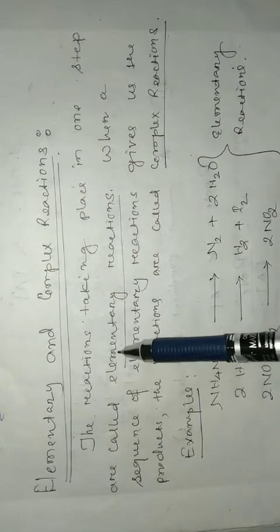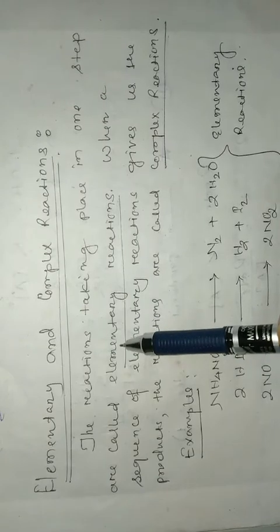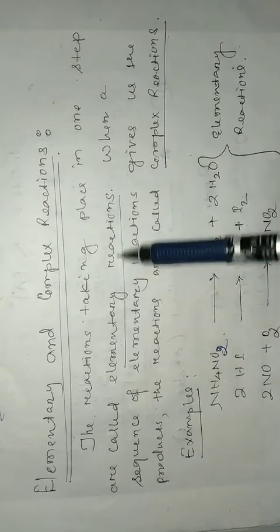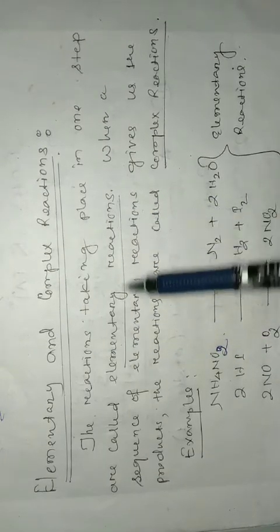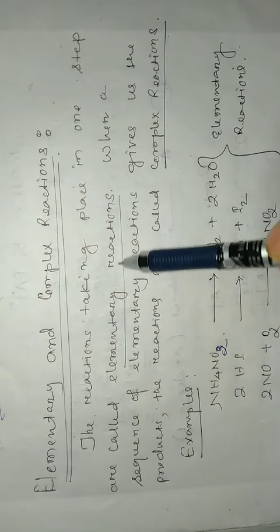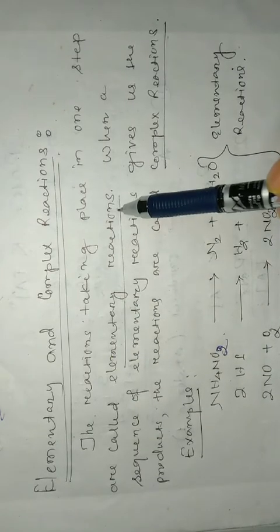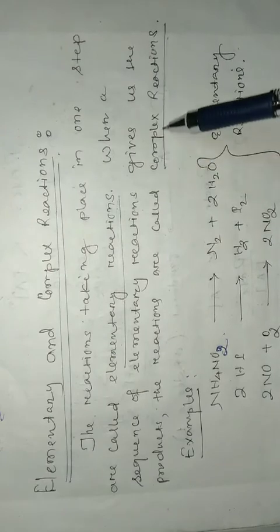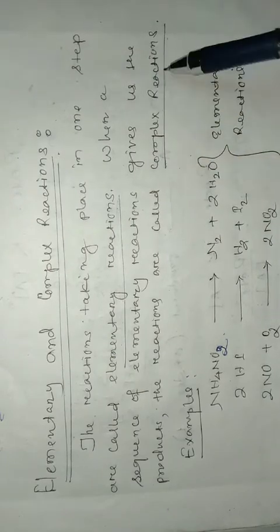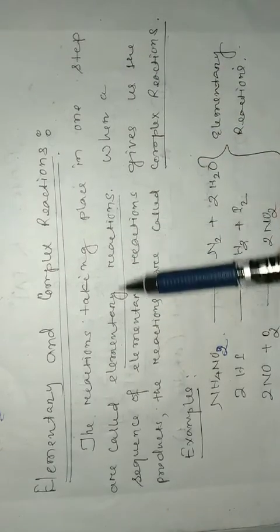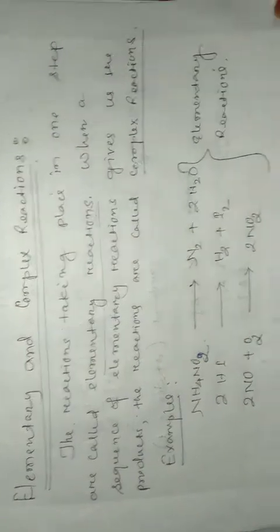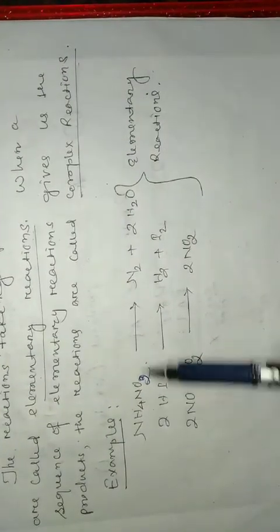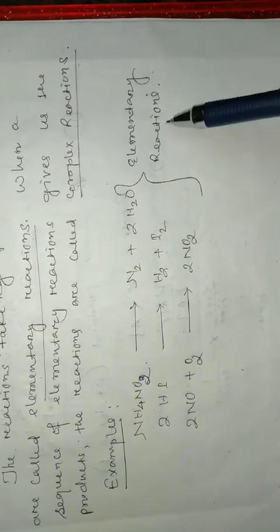But there is no formation of an intermediate in an elementary reaction. So elementary reactions are completed in a single step, but complex reactions are completed in a sequence of elementary steps or elementary reactions.